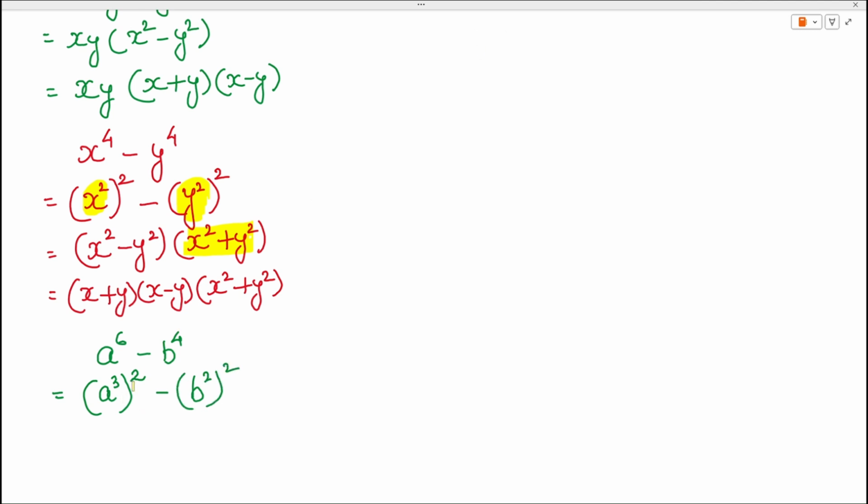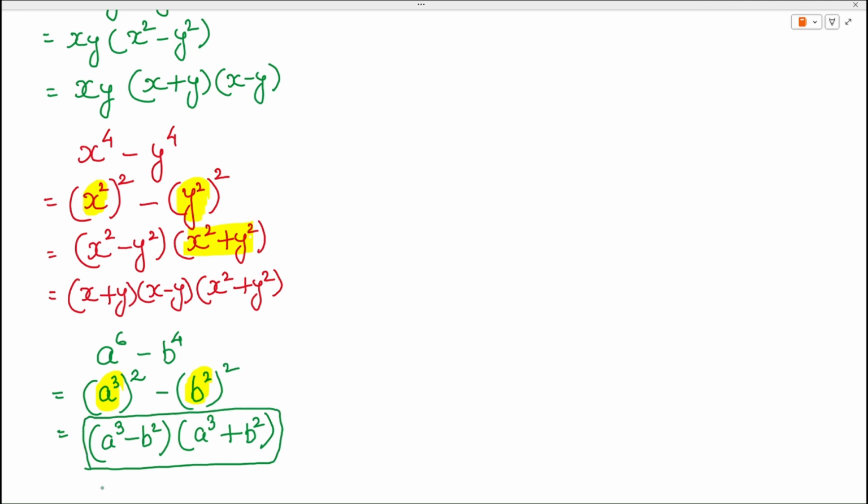Right now our a term is a cube and b term is b square. So this can be factored as the first term minus the second term multiplied by the first term plus the second term, and now this is the completely factored form.